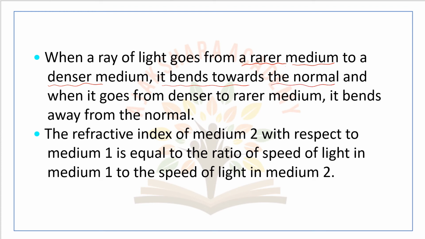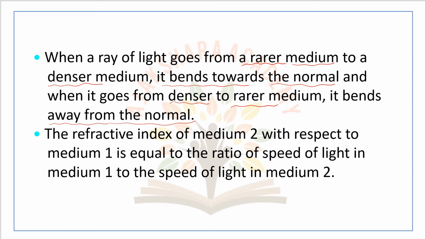When the light ray travels from denser to rarer, the refracted ray bends away from the normal. The refractive index of medium 2 with respect to medium 1 is equal to the ratio of the speed of light in medium 1 to the speed of light in medium 2.